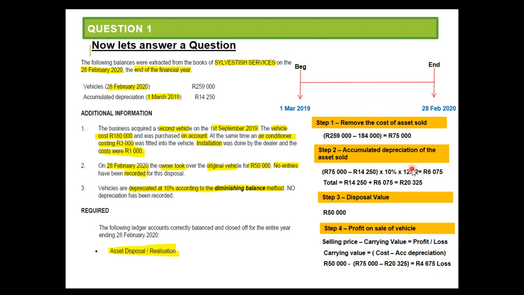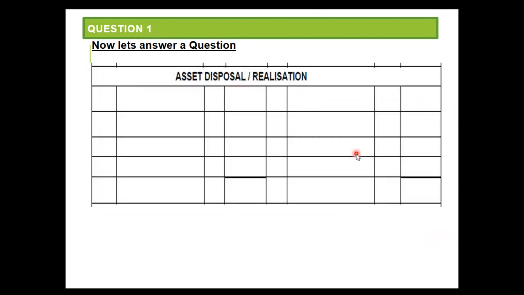And then obviously the accumulated depreciation which I have in the business for this vehicle will decrease. Accumulated depreciation increases on the credit side. For you to decrease it, you must go to the debit side of accumulated depreciation. It means when you go to the asset disposal, it must go to the credit side.